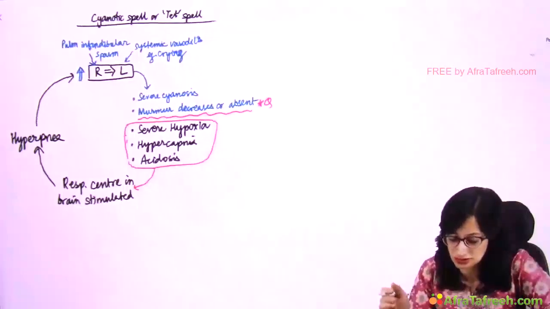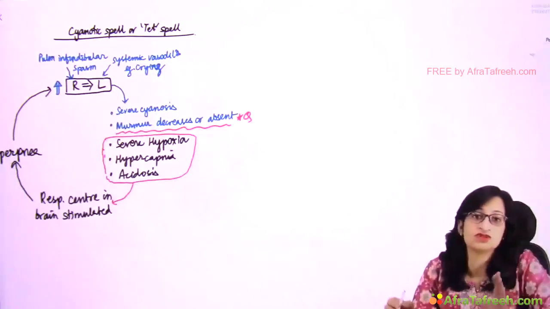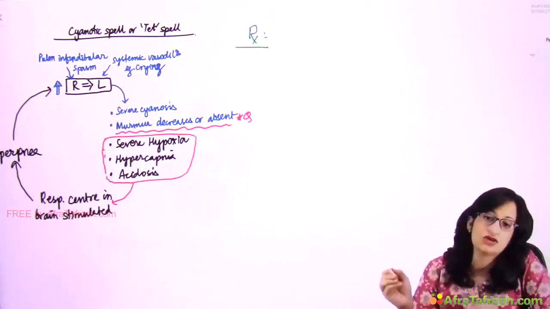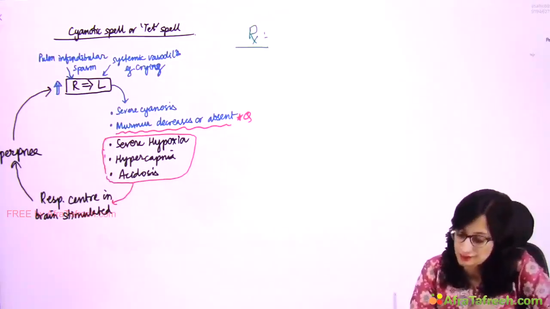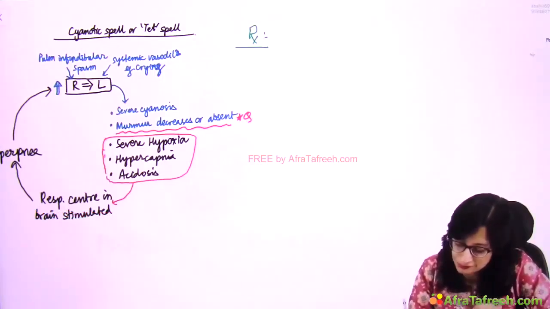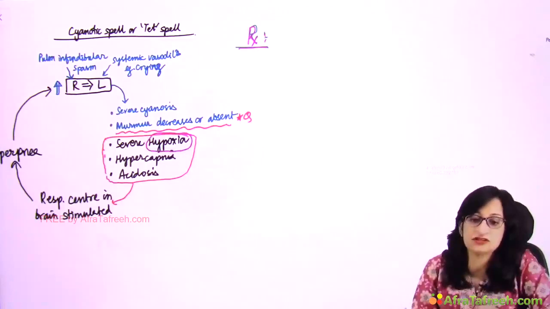So, let us see the treatment of cyanotic spell, or the medical management of Tetralogy of Fallot. This hypoxia is causing problem by stimulating the respiratory center in the brain.